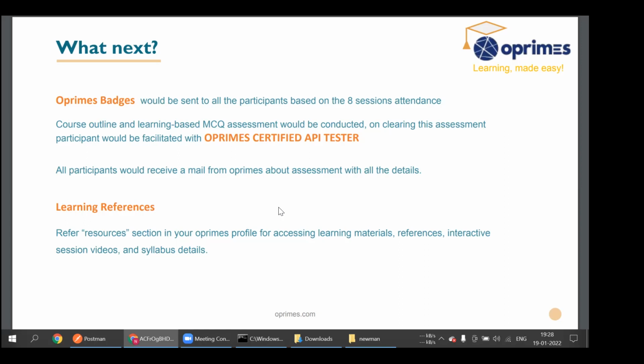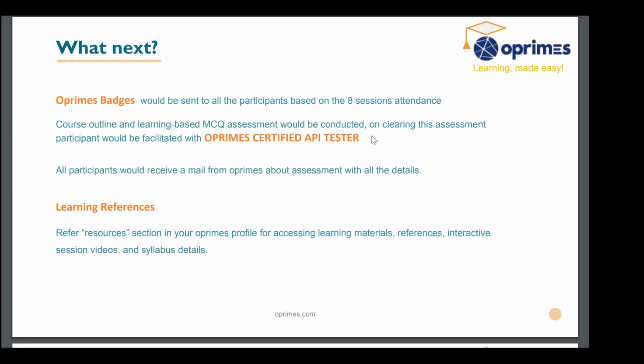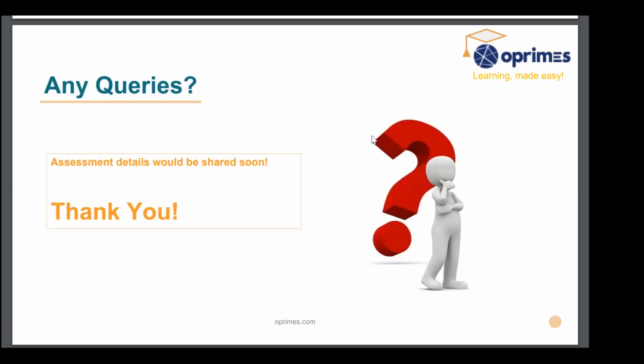So are you comfortable taking this assessment on 28th January between 7 to 8, or do you prefer 2nd February, next Wednesday, 7 to 8 p.m.? We have two options, whichever the majority is comfortable with, I will align the assessment on that day.